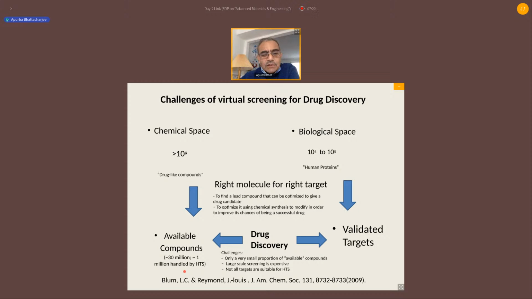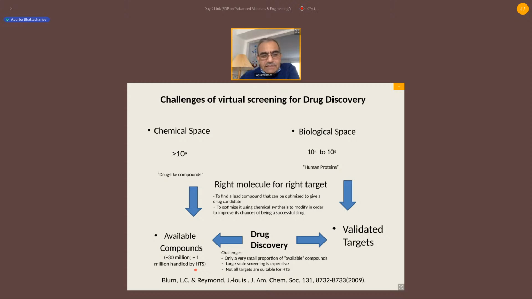Another thing is that all targets are not valid targets. Although we know that there are only 10 to the power 4 to 5, that number is a very big one. For a computer, it can quickly search it, but it does not mean that all targets are validated targets.